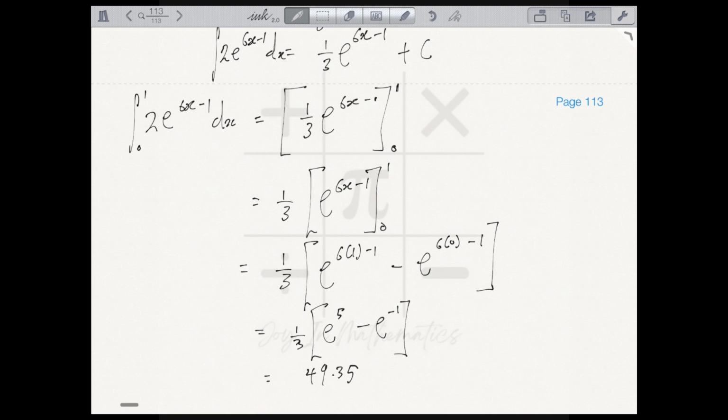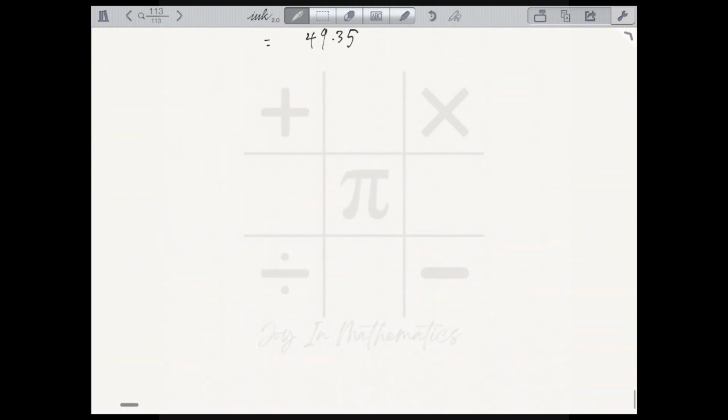Let's take another example. We are asked to integrate 3x into 4x squared plus 3 raised to the power 5 with respect to x. Now, taking a look at this question, we cannot go ahead and multiply 4x squared plus 3 by itself 5 times.